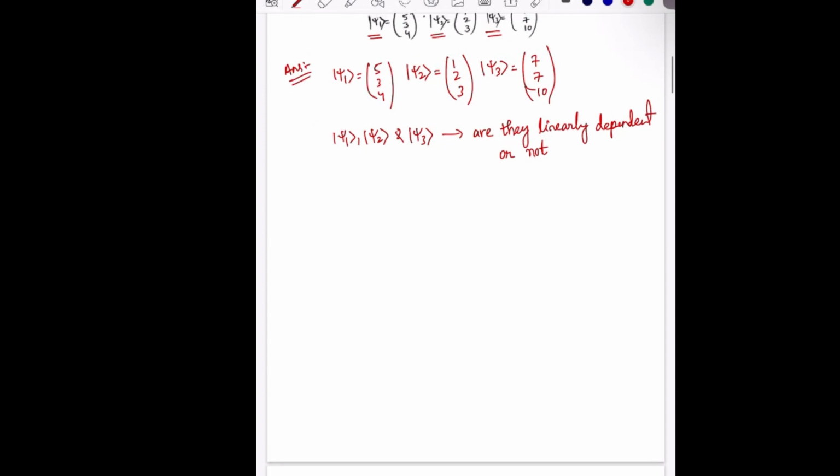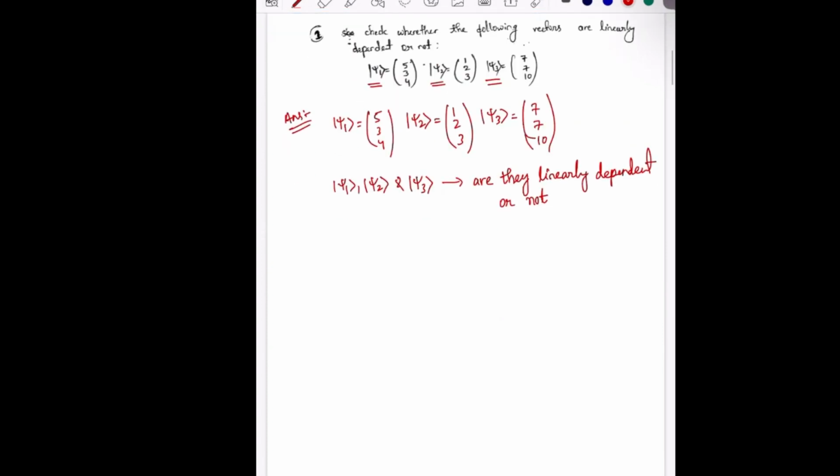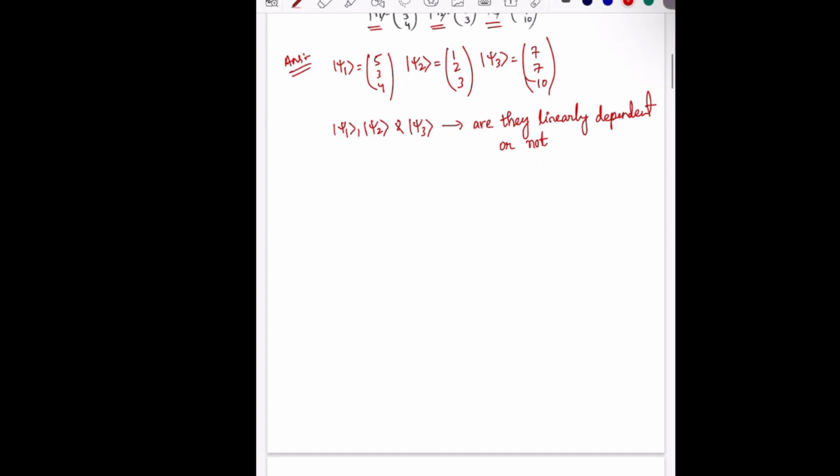If you want to check the linear dependence of a set of vectors, there are two ways you can check.